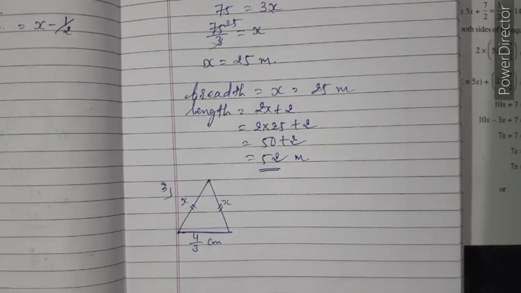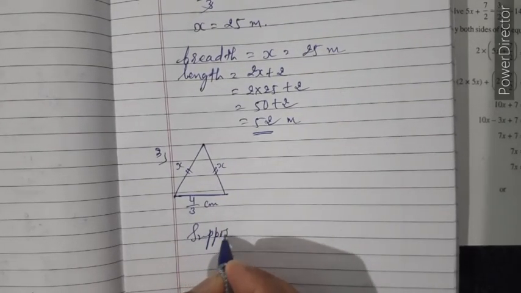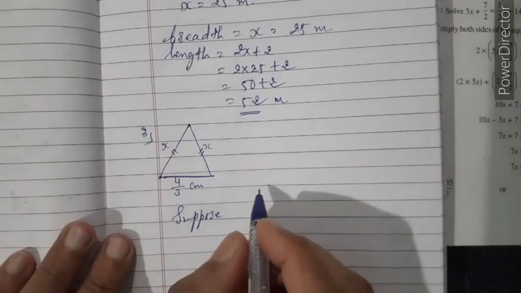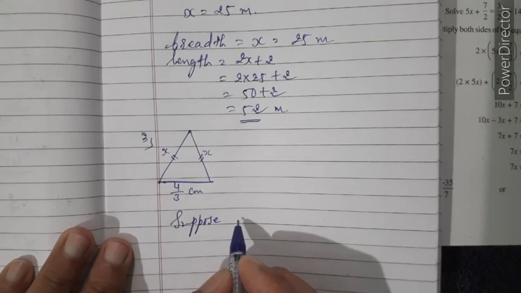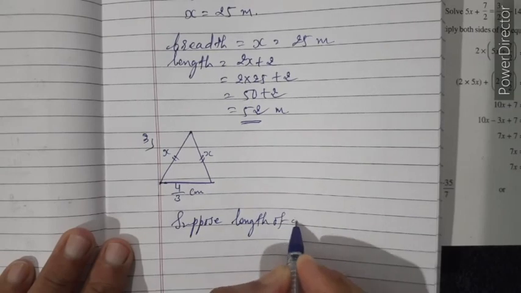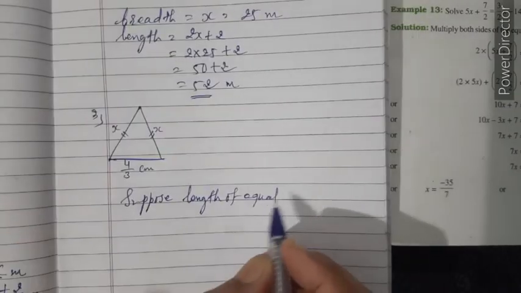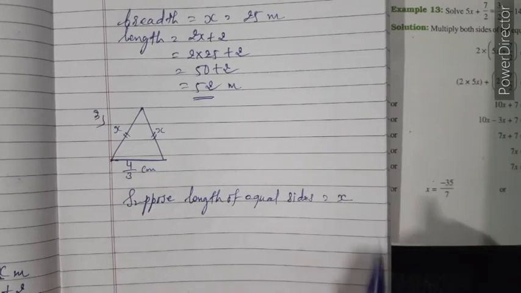Okay. So suppose the length of the equal sides is equal to x.